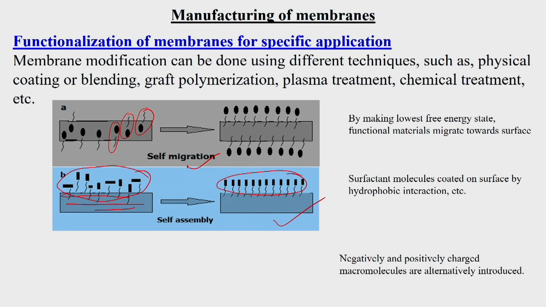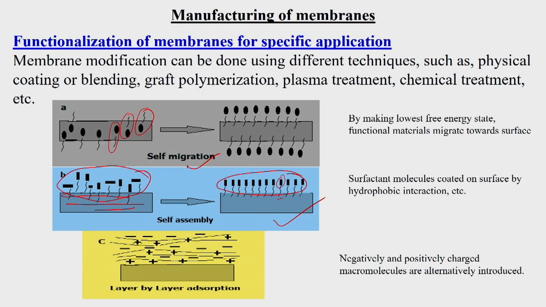There is a hydrophobic tail and a hydrophilic head. Whether it is a cationic surfactant, an anionic surfactant, a zwitterionic surfactant, or a non-ionic surfactant, depending on the surfactant property, we will be able to selectively separate a particular component using that type of self assembly polymeric membrane.